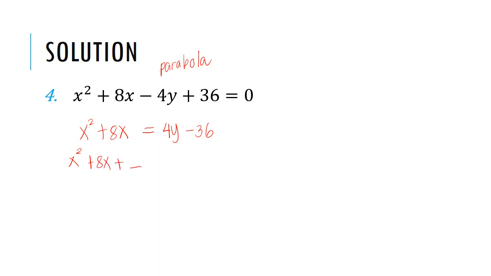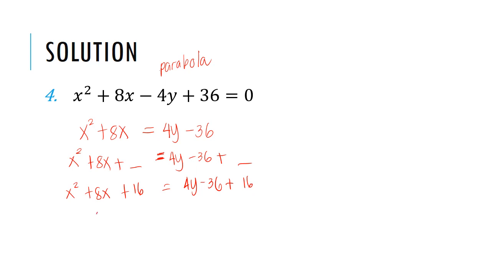We add a constant term to complete the square, and to be sure that we are not violating any mathematical law, what we added on the left side should also be added on the right side. So to complete the square, we add 8 divided by 2 is 4, and 4 squared is positive 16. Then we also add positive 16 on the right side.